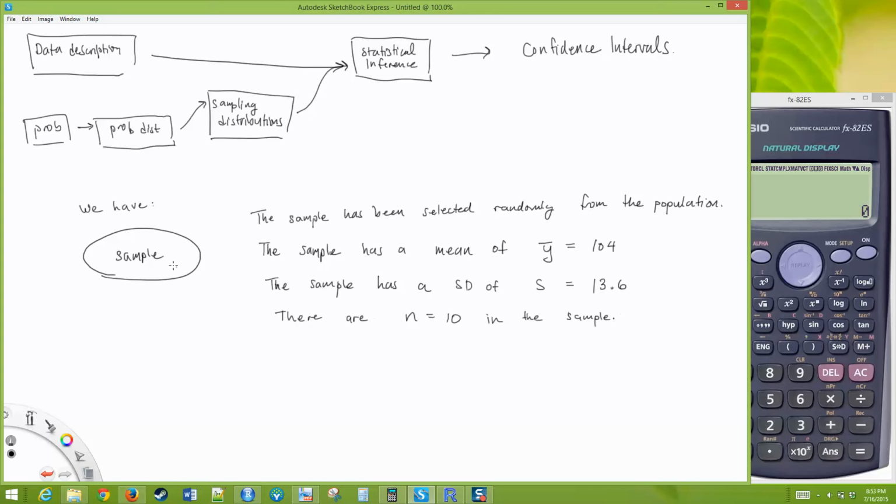Okay, so what we have is a random sample of 10 people. The mean is 104. Standard deviation is 13.6. Okay? So this is the data we've collected. Based on this data, what can we say about the population? This is what we want to know. And specifically, what can we say about the population mean?